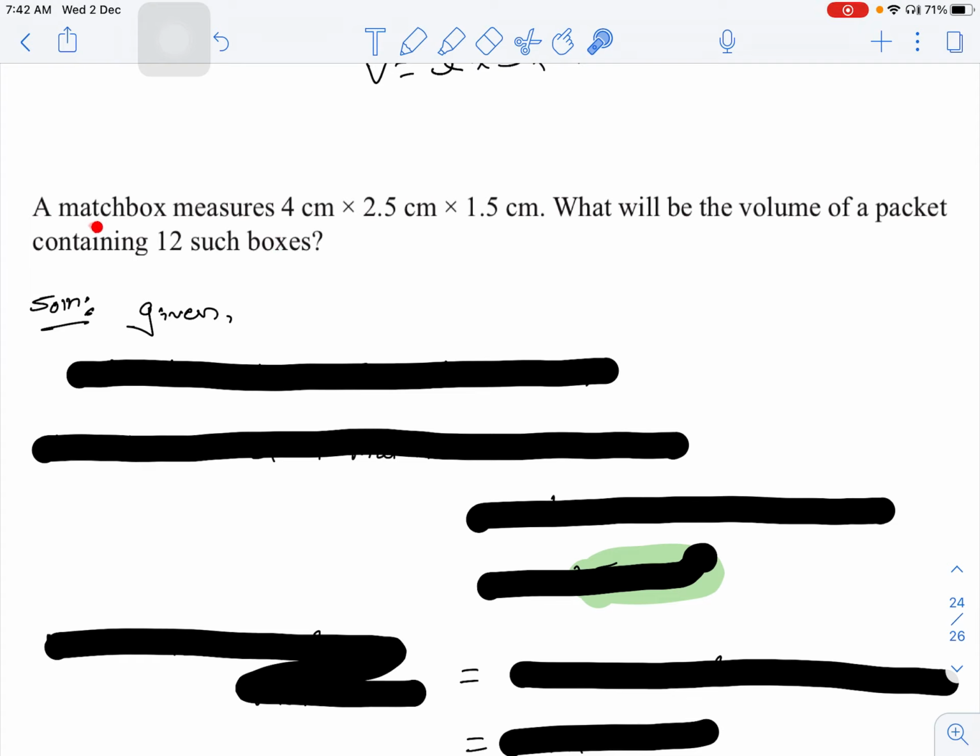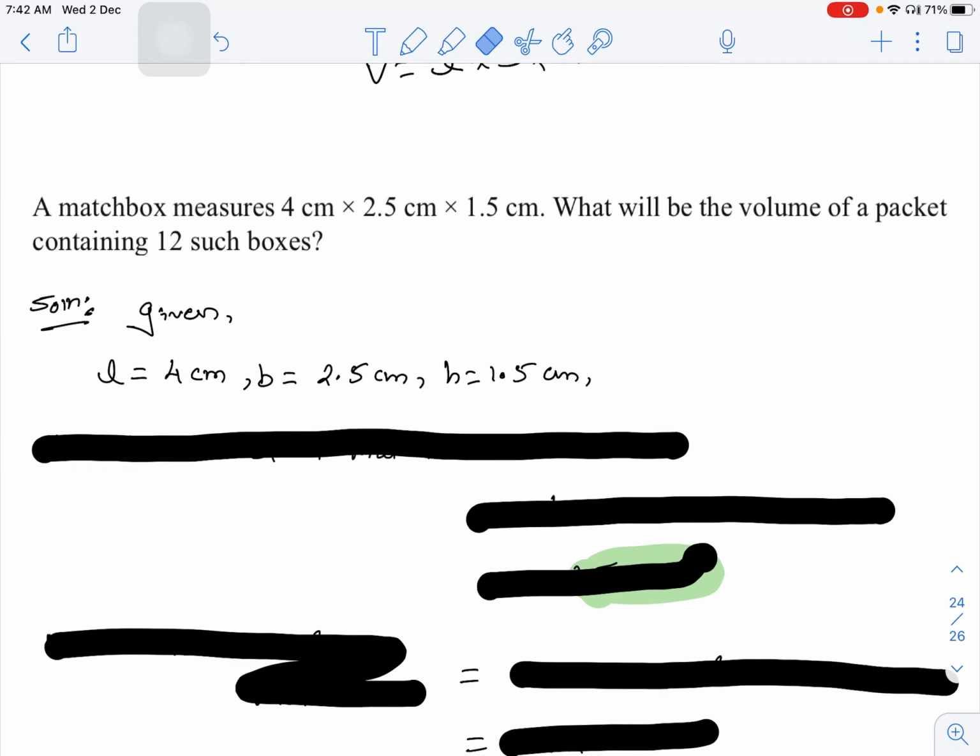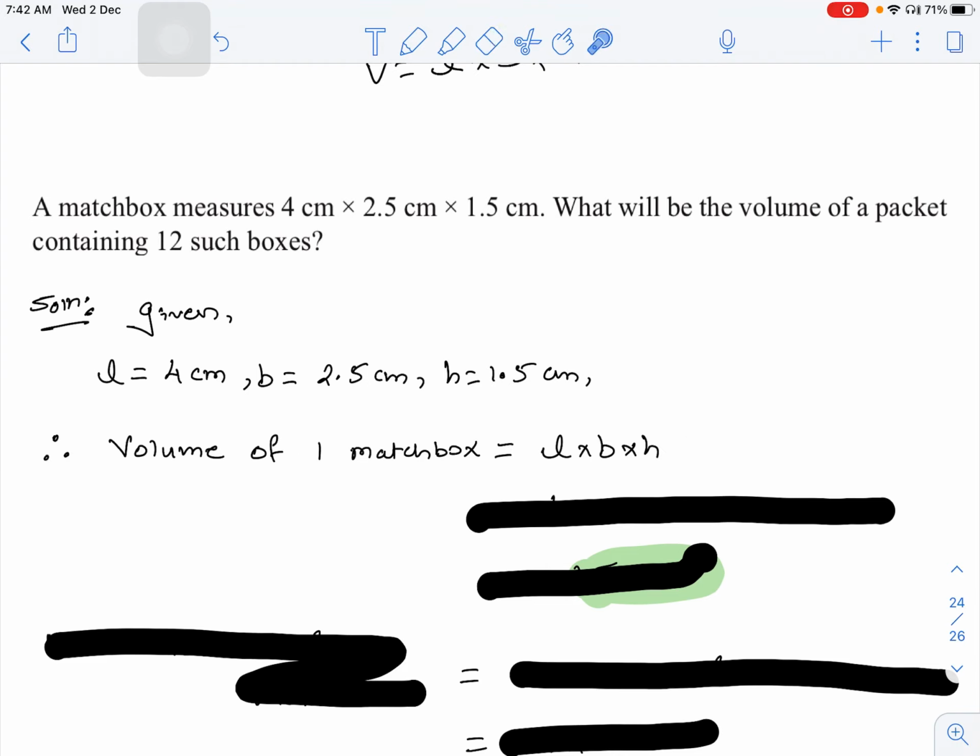First we will find the volume of a matchbox, one matchbox. Given length equals 4 centimeter, breadth equals 2.5 centimeter, and height equals 1.5 centimeter. Then we will write that therefore volume of one matchbox is equal to length into breadth into height.